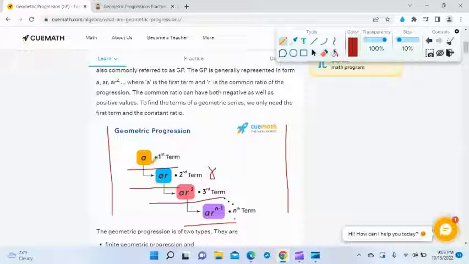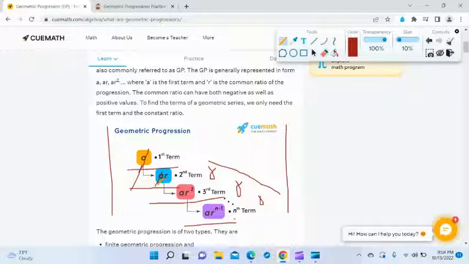The a will be cancelled, and it will be r. In the same way, if you divide a r square by ar, then again it will be r. If you keep dividing each next number by the previous number, and r keeps coming, it means it is a geometric progression.